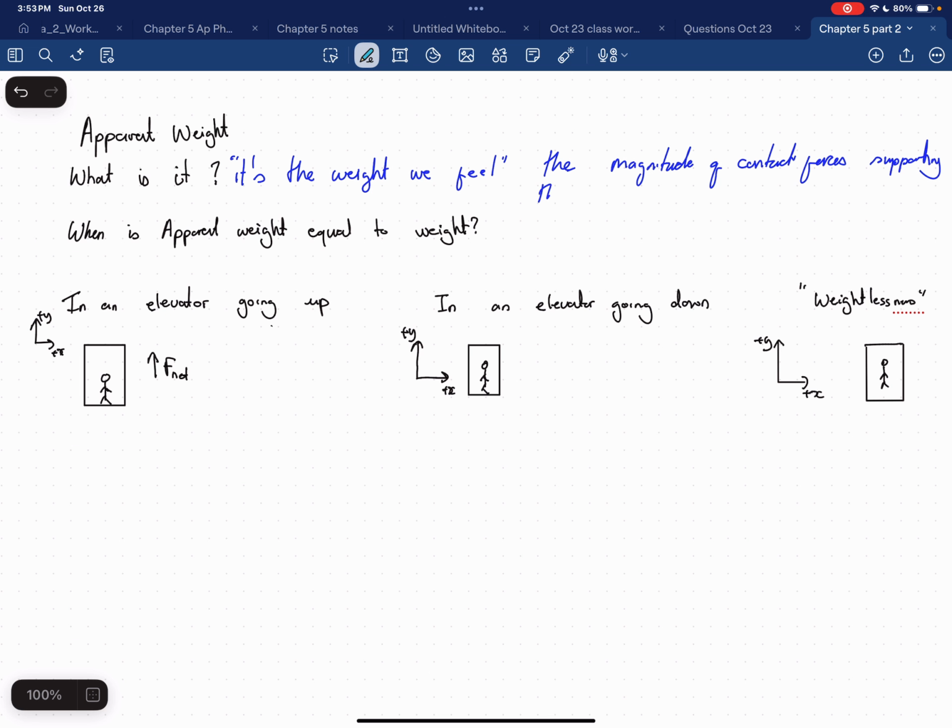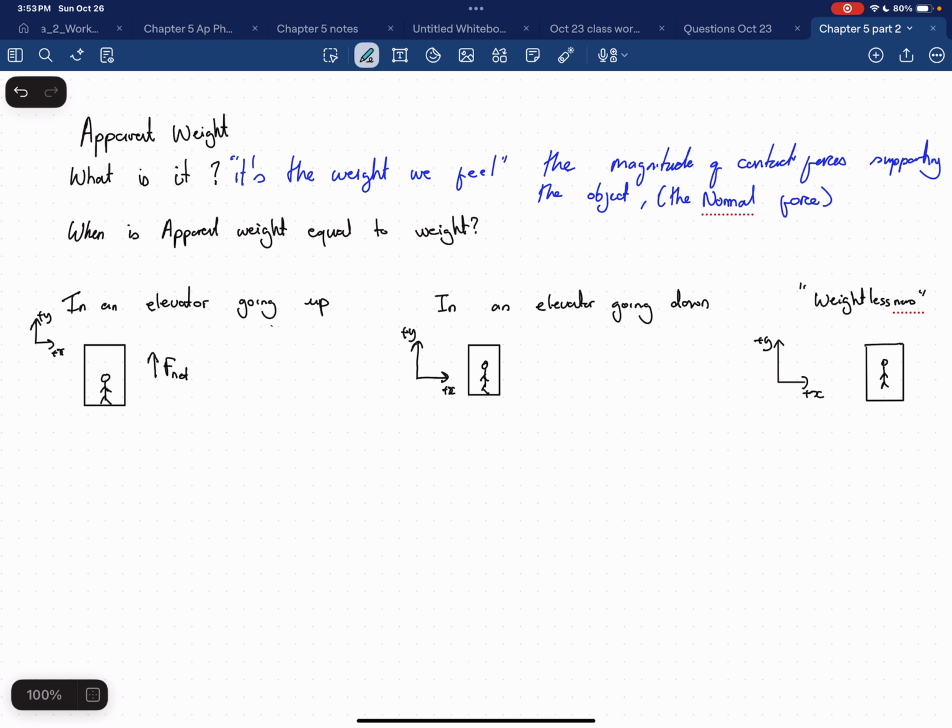The force that supports the object in this scenario is the normal force. So it's really the size of the normal force at a particular time.